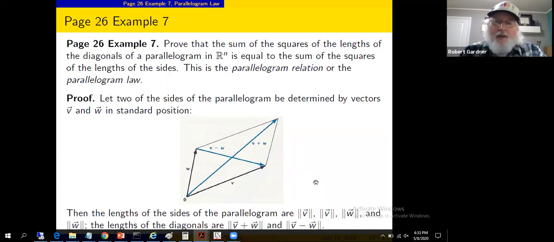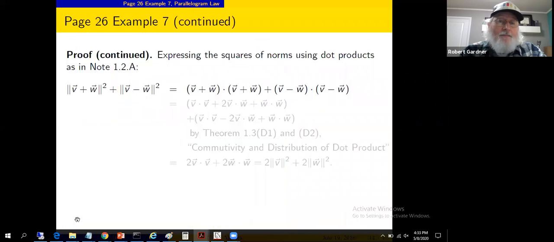Okay, we want to show this thing about squares. So we'll take these norms and square them. The claim is this thing squared plus this thing squared equals this squared plus this squared plus this squared plus this squared. Well, it's true. They wouldn't ask us to do it if it ain't true. So let's see what we can do with this.